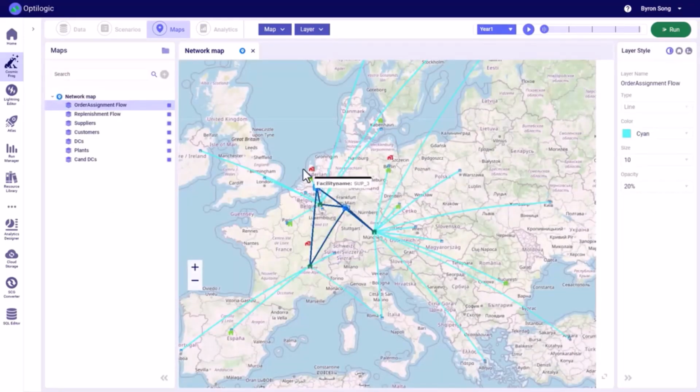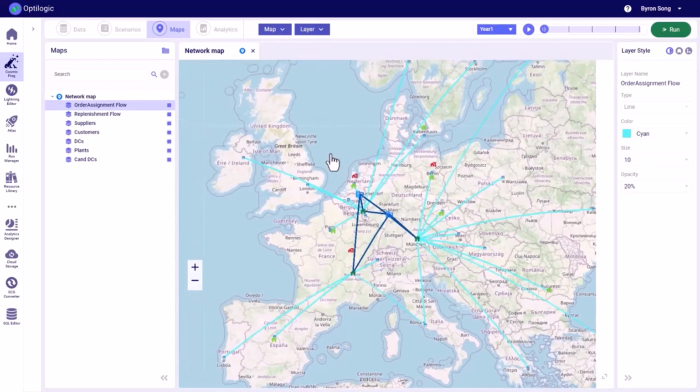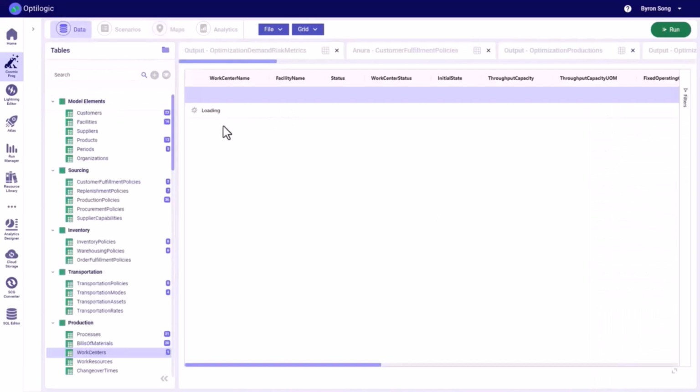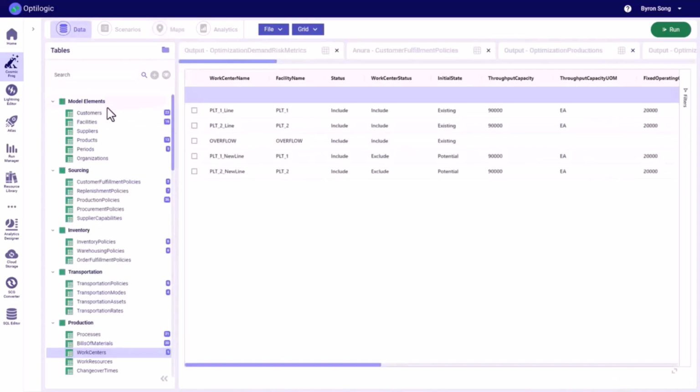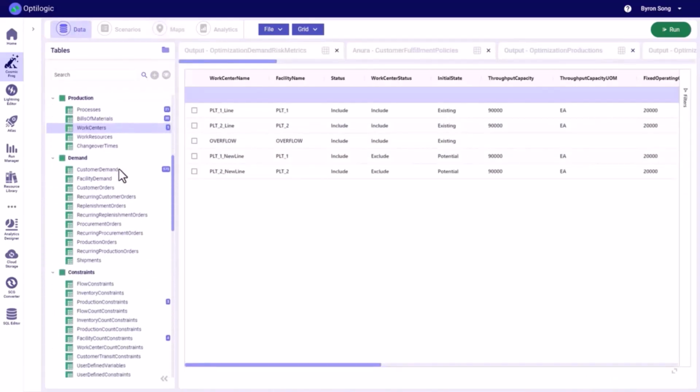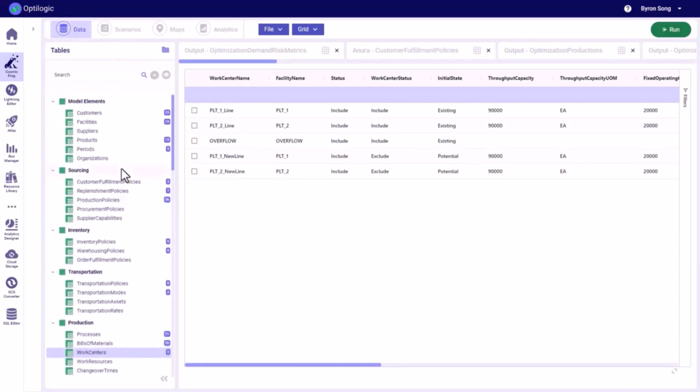Next, we want to introduce the products and the bill of materials as input in this model. To do that, we'll be going to the Data tab, and here we've got a list of tables we've already populated for this model. We can have a look at the products.